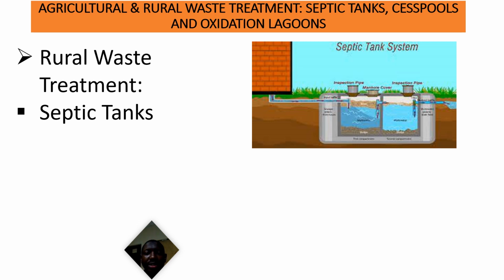Generally, houses in the rural areas in developed countries are connected to sewer lines, and then the sewer lines collect various waste from individual houses, and then the sewer system conveys the sewage into a closed tank, which is called the septic tank.